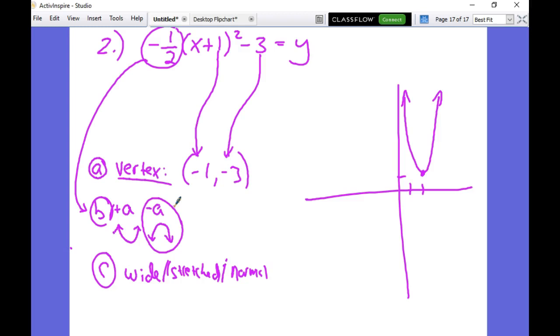It would be wide? Because we take this number in the front, we take the absolute value of that. It's just a positive, right? And then, is that less than 1 or greater than 1? Less than 1, and when it's less than 1, it's wide. Okay? So now we get to graph it.